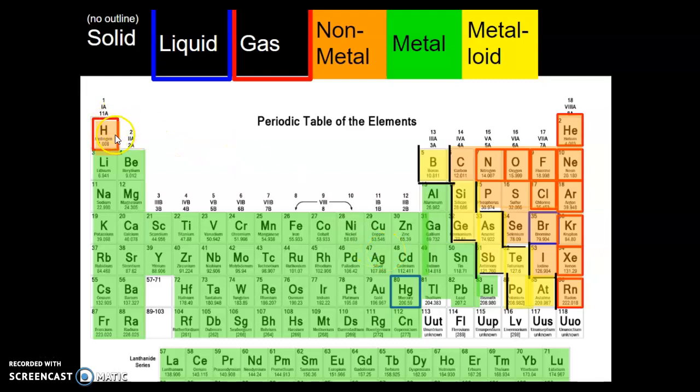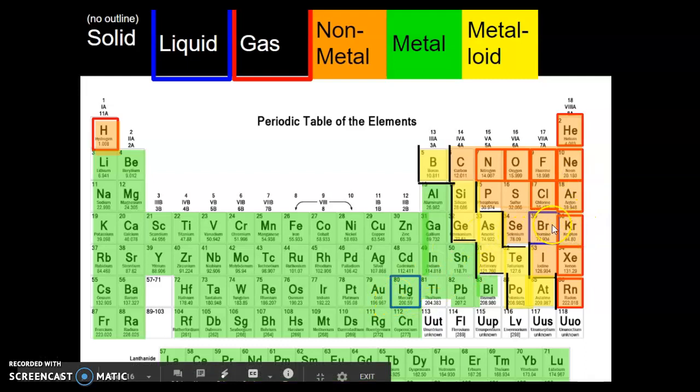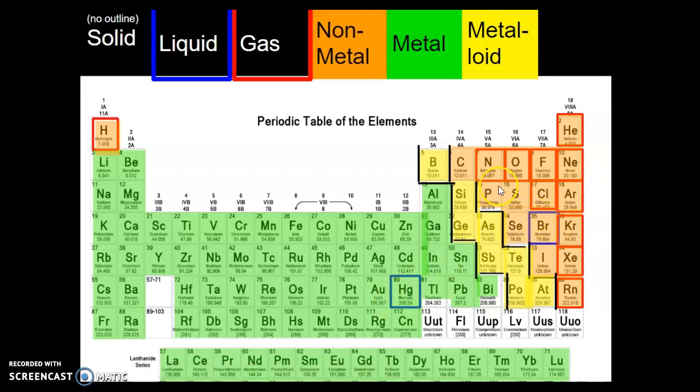Here hydrogen will be included as non-metals. And coming to gases, liquids, and solids, just these two will be liquids, the ones with the red outline are gases, and the rest are solids. Just take enough time to do your coloring neatly.